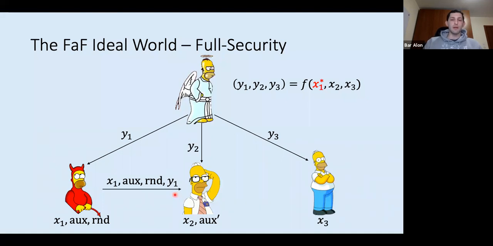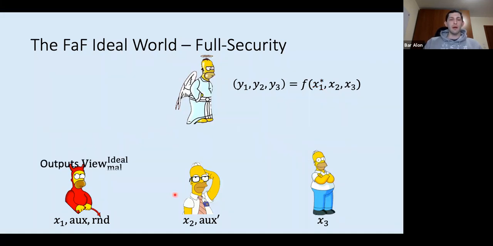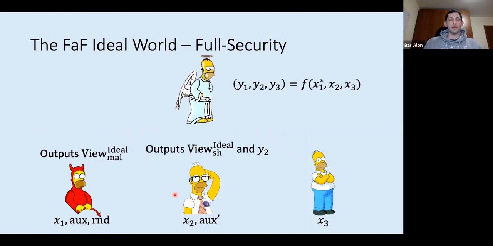And now, based on that information, the simulators will output the corresponding views, with the semi-honest simulator also outputting whatever it received from the trusted party. If you recall, this is necessary to protect it from the malicious adversary. And finally, the honest party simply outputs whatever it received from the trusted party.